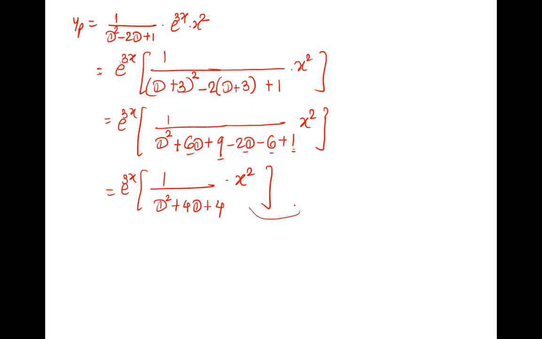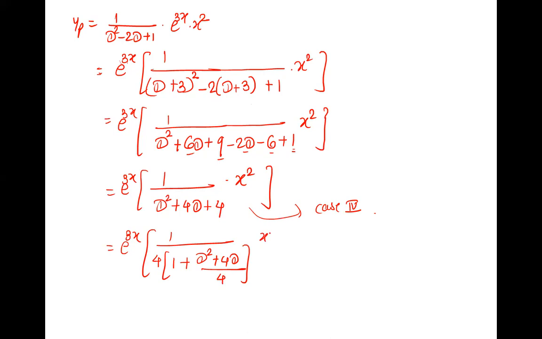Yes, now this is case number 4. What is that polynomial case? Common out 4. Correct. So there is 1 plus, the remaining as it is, D square plus 4D upon 4, on x square. Next step, you will take it up with inverse.